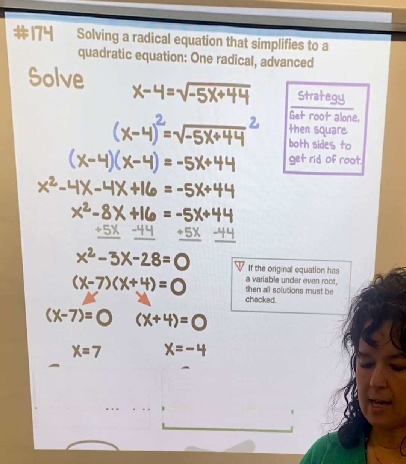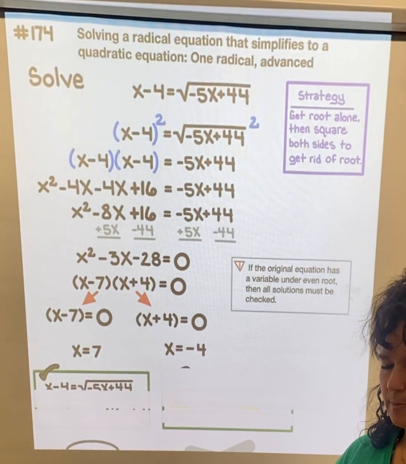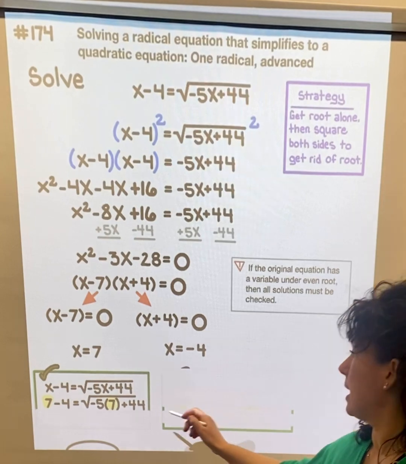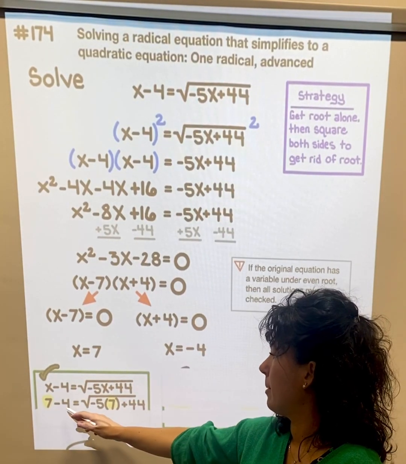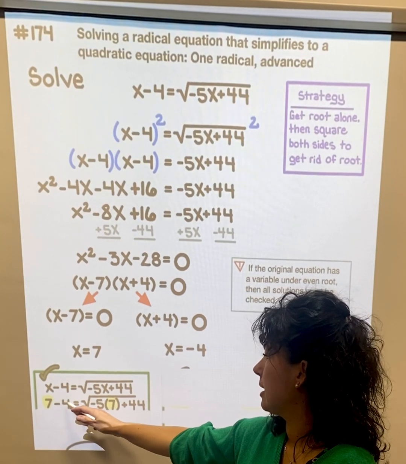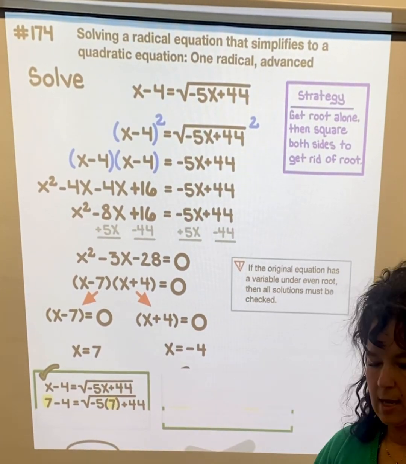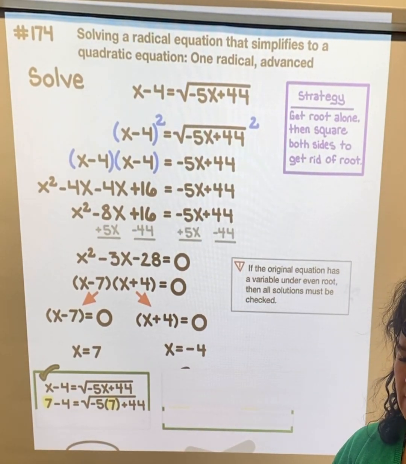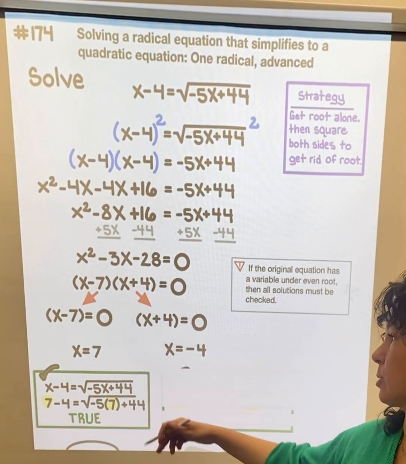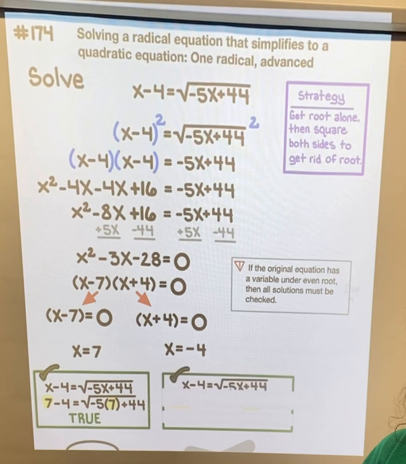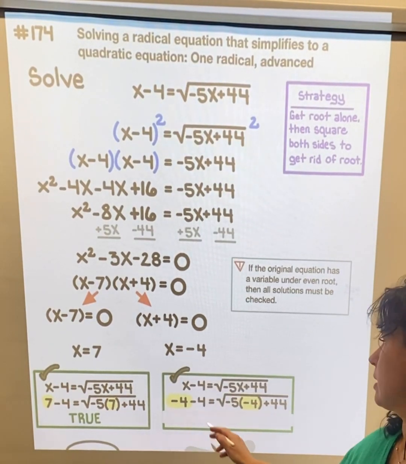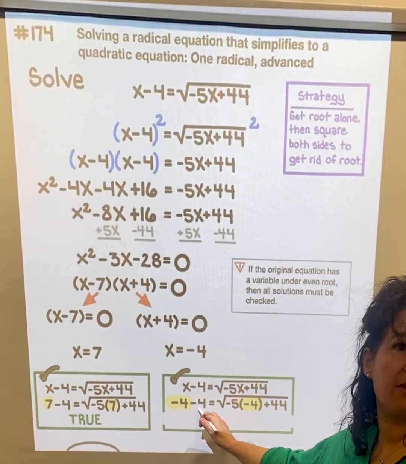So if I go ahead and substitute in 7 into the original, I'm going to end up here with 3 is equal to, and then I have the square root of 9 there, and I'm going to get 3. So this one's true. But if I plug negative 4 back into the original here, negative 4 minus 4 is negative 8.